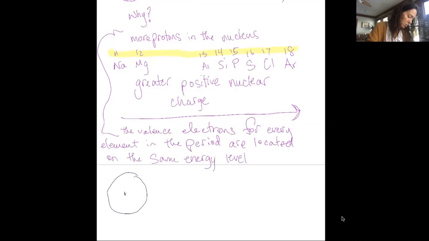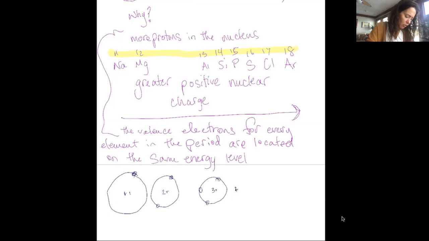My nucleus is +1. There's one valence electron. My nucleus is +2. There are 2 valence electrons. My nucleus is +3. There are 3 valence electrons. And notice they're all on the same energy level.